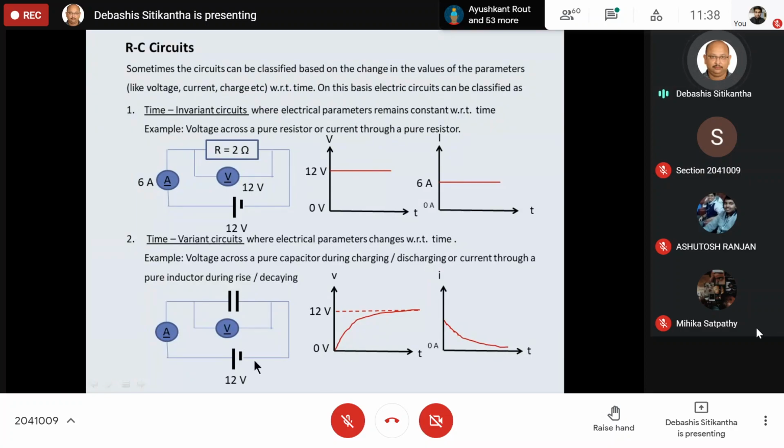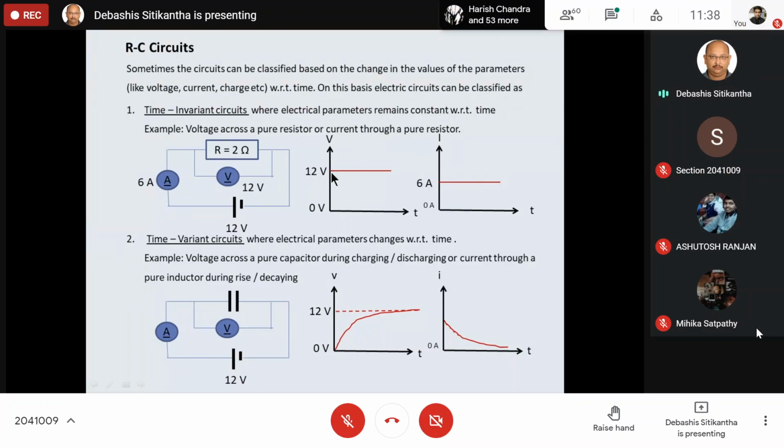If in this circuit I have a voltage source or an EMF, and instead of the resistor I have connected a pure capacitor, then, as I have already told you, the voltage is not suddenly going to increase to 12 volt. It is definitely going to take some time to achieve that maximum voltage.